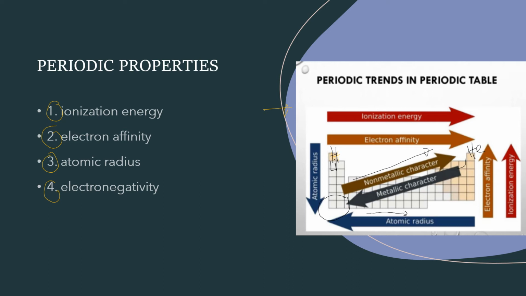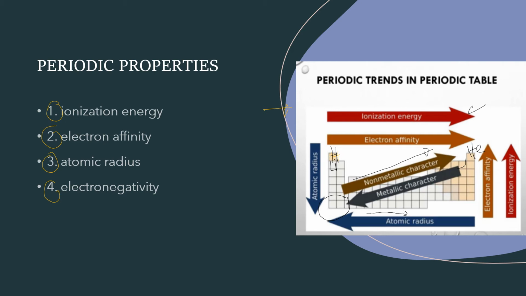Because the number of protons and electrons increases, the electrostatic force between the positively charged nucleus and the negatively charged electrons in the outermost shell of the atom increases. Then the energy needed for ionization energy is increasing, and the atomic radius decreasing.